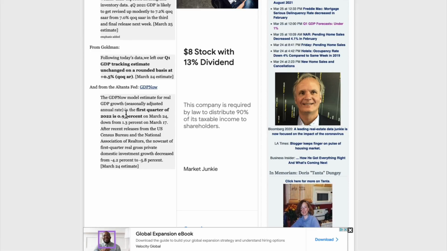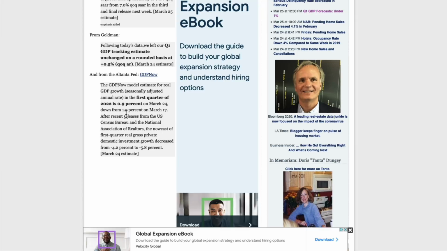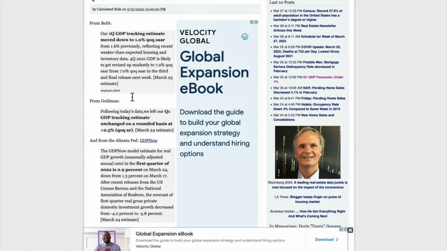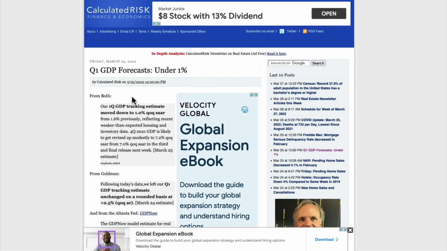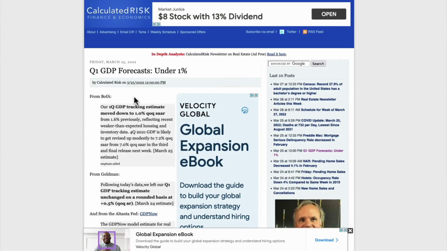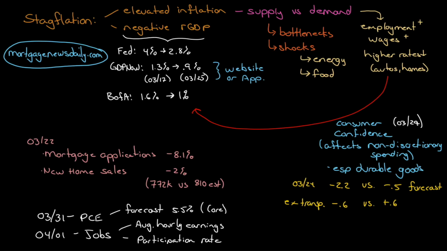That's their forecast of what Q1 GDP is going to be based on what they already know. We're going to have a look at GDP Now at the Atlanta Fed shortly. It's a nice little site to play around with. There's a lot of really good stuff on here, and I leave it to you.